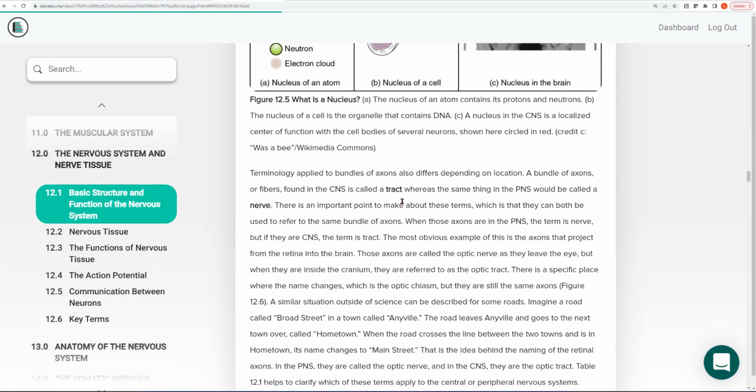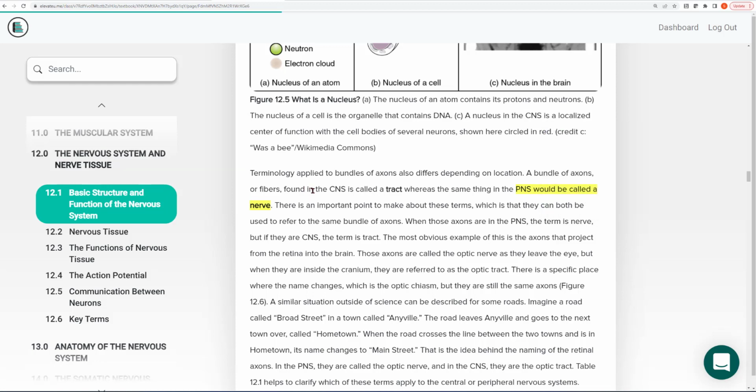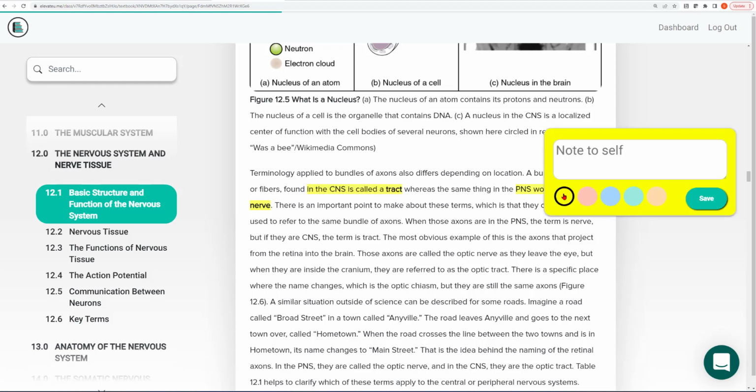Another term that at first throws some students off is nerve versus tract. What is a nerve? I told you that a nerve was a structure found only in the PNS. So the PNS has nerves, whereas in the CNS, there's a tract.